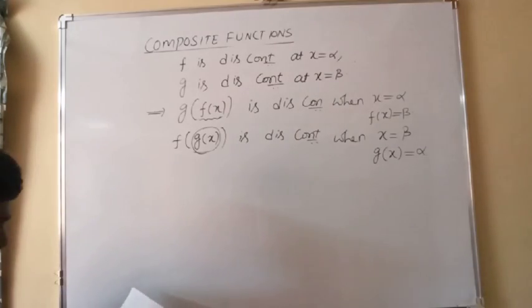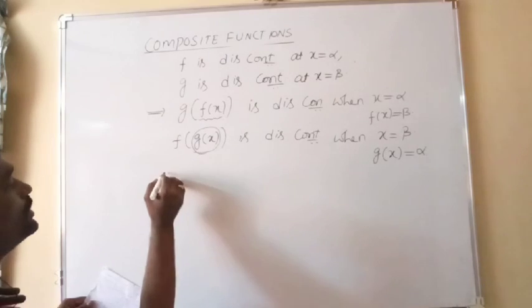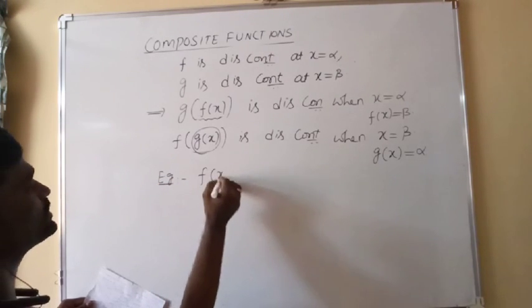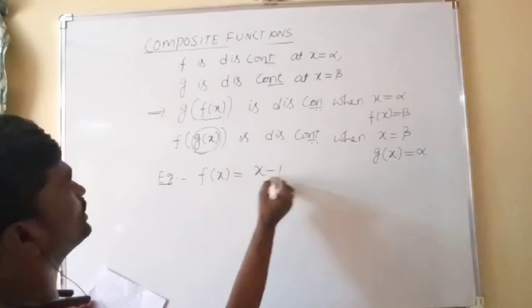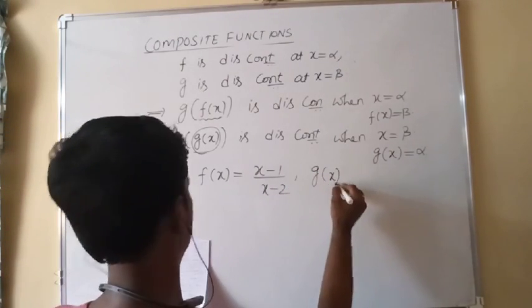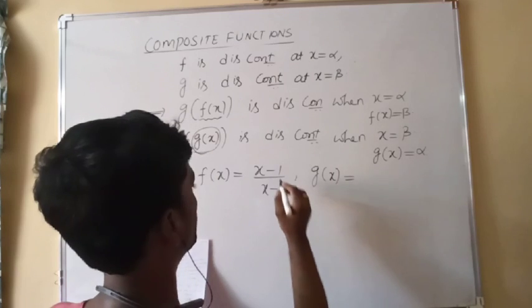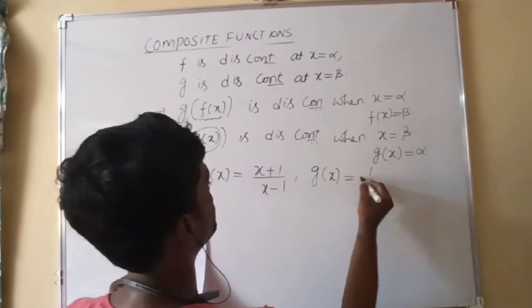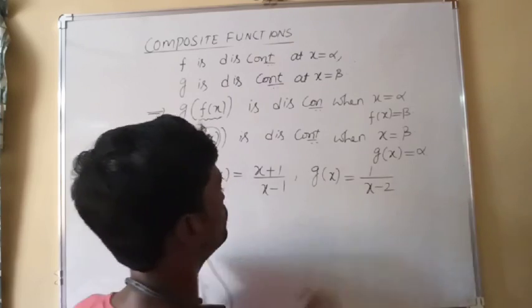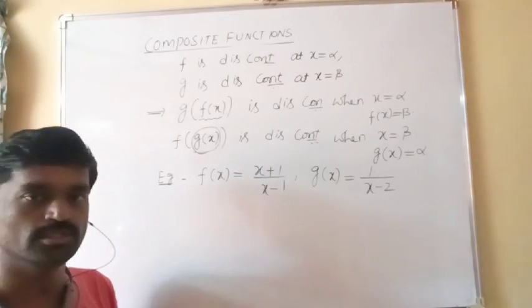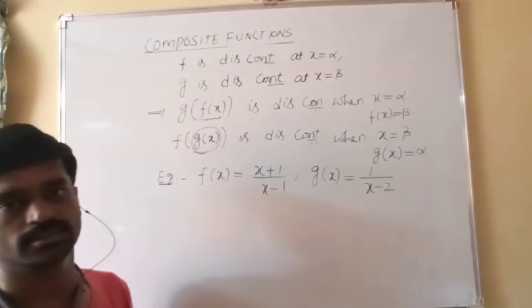Okay, so one problem, an example. f of x is equal to x plus 1 by x minus 1, and g of x is equal to 1 by x minus 2. Discuss the continuity of the functions f, g, g circle f and f circle g.